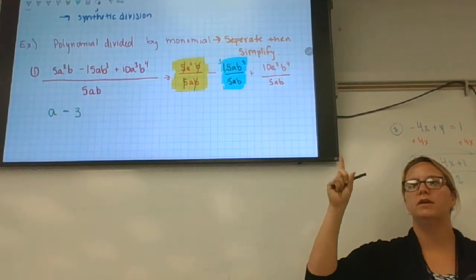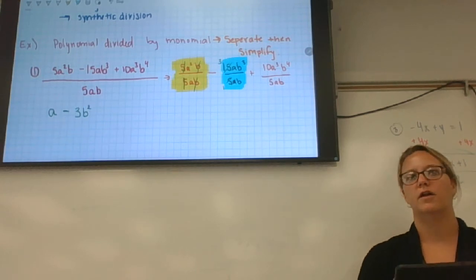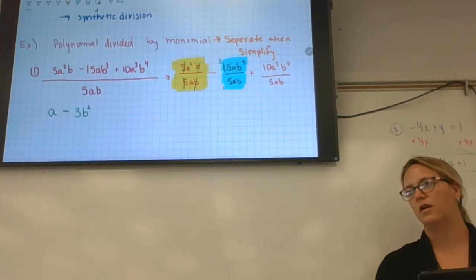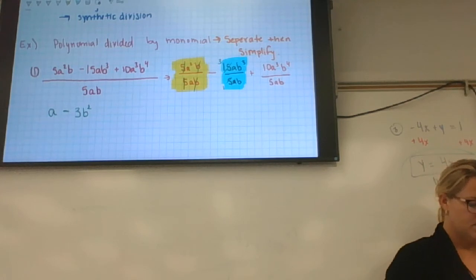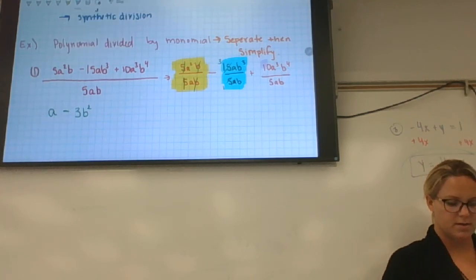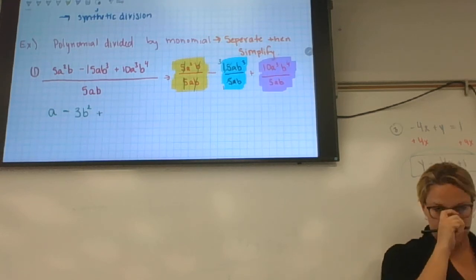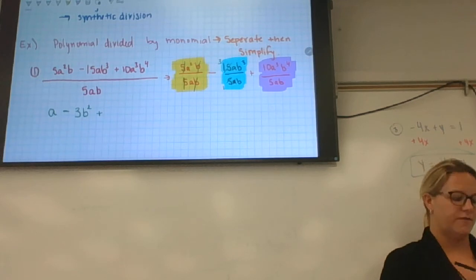We got 3 b's over 1 b, so I've got b squared left over. And then the third one, plus sign. 10 divided by 5 has always been 2. A squared.